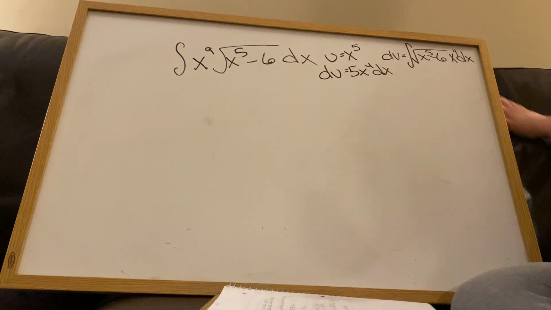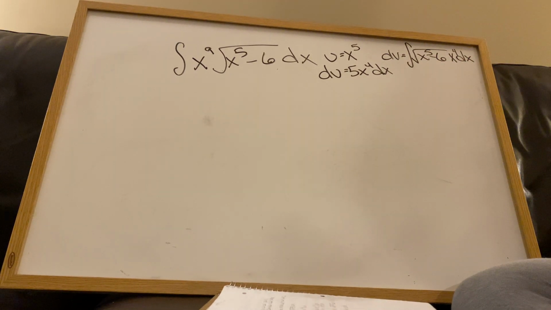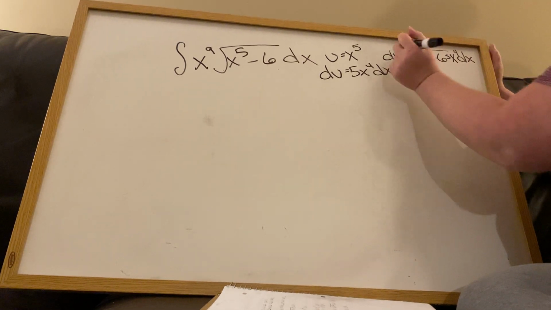So then here when you integrate, u value x to the 5th minus 6. du is 5x to the 4th. We have the x to the 4th. We're missing the 5. You do still need to integrate in a legitimate way. Okay, you can't just randomly do power rule and hope for the best. So you would put in the 5, pull the 5th.